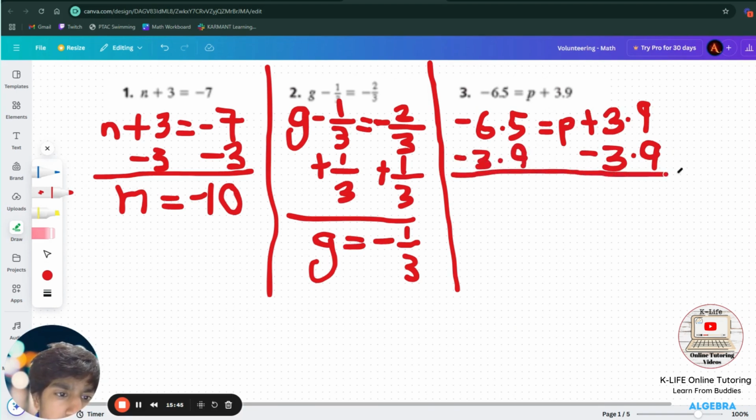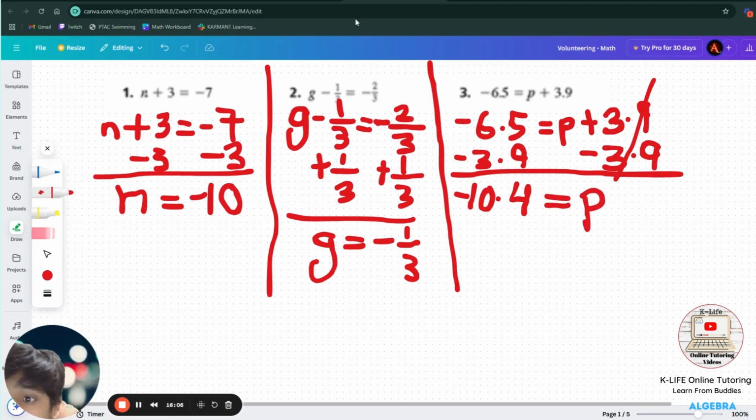Now what you can do is, well, that cancels out. And this will be negative 10.4 equals p. So I hope you got all of them correct.